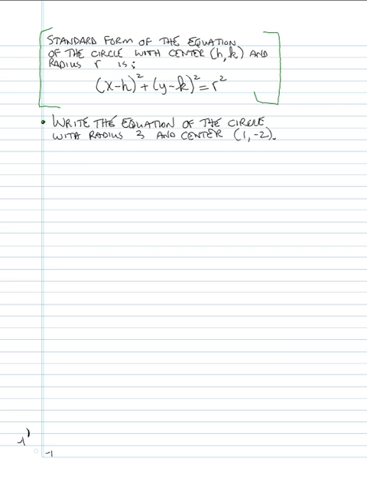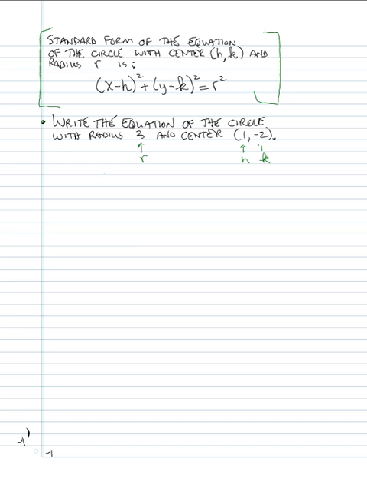And so we just have to recognize that the radius 3 is represented by r above. And the center above has an x value of h, so this 1 is the h, and it has a y value of k, so this negative 2 is the k value. And so we just, although it's not a mathematical terminology, we just plug away.